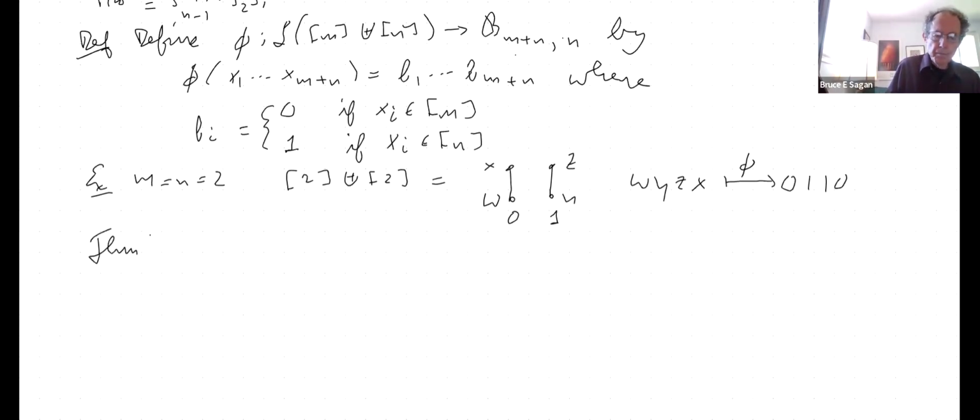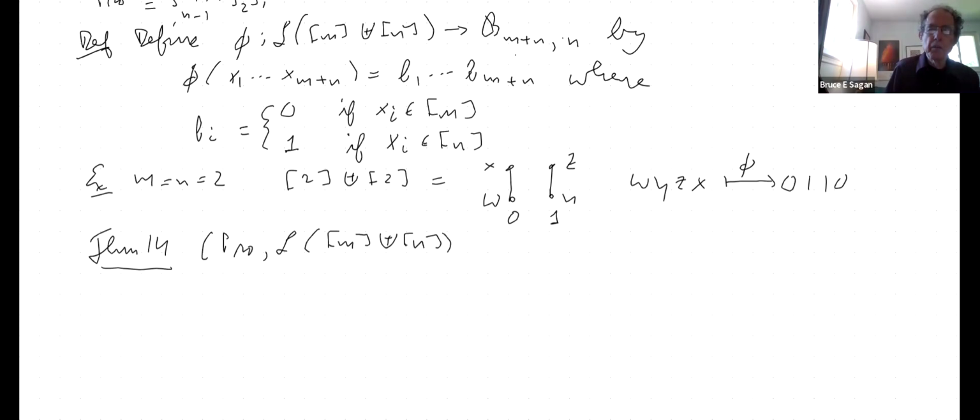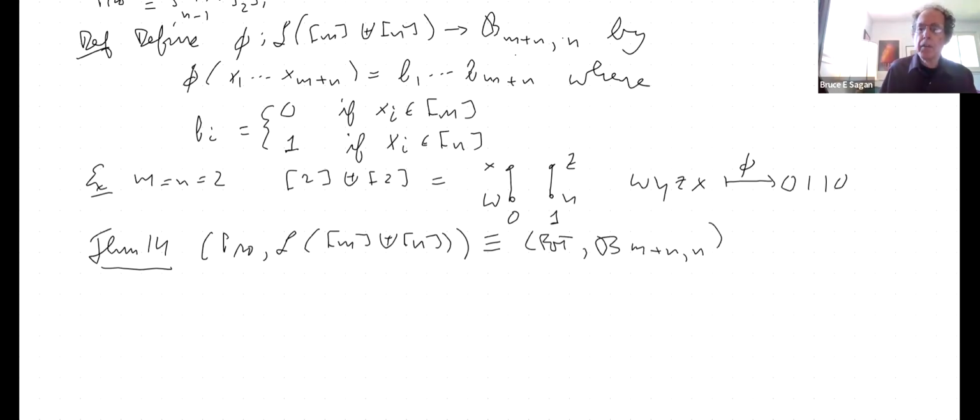So motion on these linear extensions is equivariant with rotation on these bit strings via this map phi.